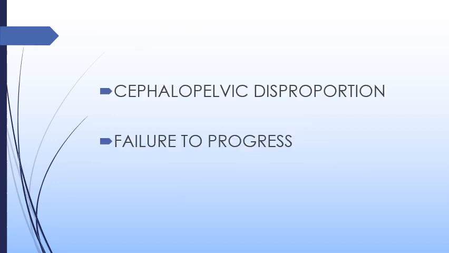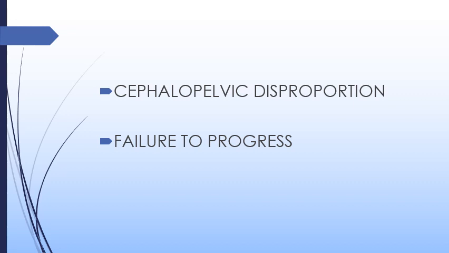Cephalopelvic disproportion or failure to progress are terms used to describe ineffective labor. With the onset of labor, the factors influencing progress are uterine contractions, cervical resistance, and forward pressure exerted by the leading fetal part.